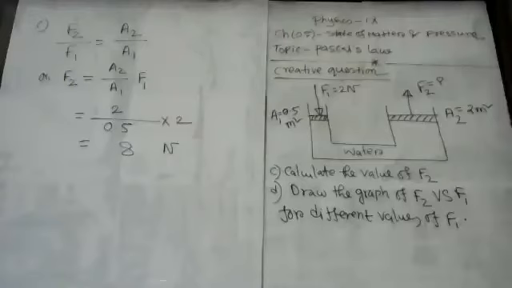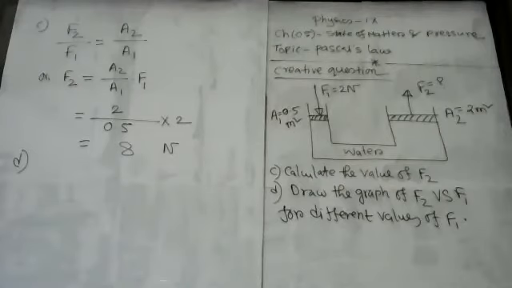Now we're going to draw the graph, and it will make your concept clear. Question number D. At first I'm going to find out the starting point, the origin point of the graph. How can I find out the starting point? Suppose the applied force at the small piston end, F1, is 0.